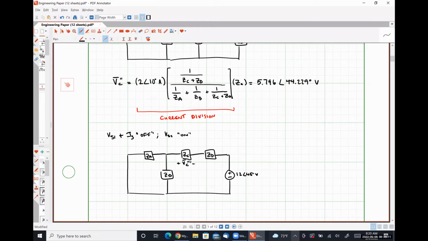So I'm going to do voltage division again. I'm going to be able to get it all in one voltage division relationship this time.